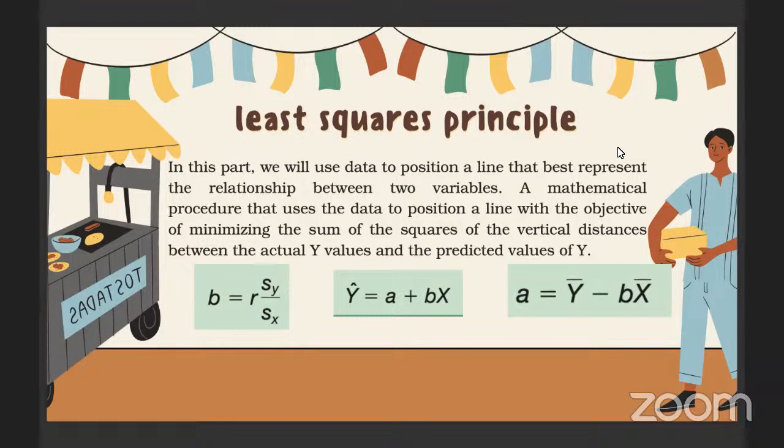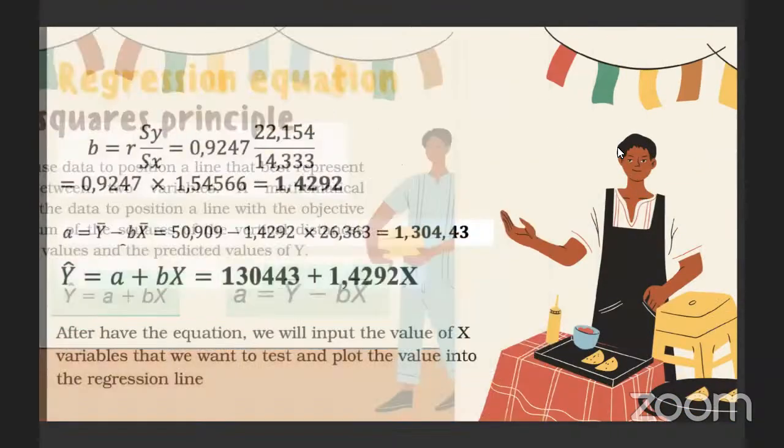So firstly, this is the formula for the slope b, and on the right side is the intercept a, and in the middle is the form of the regression equation that we will calculate next slide.